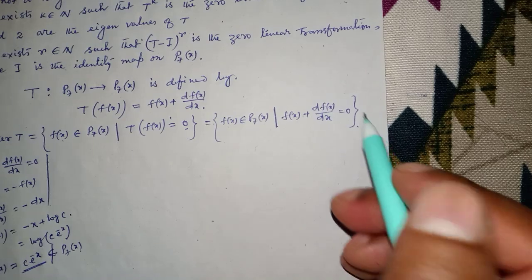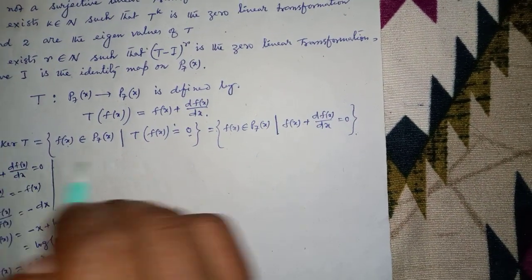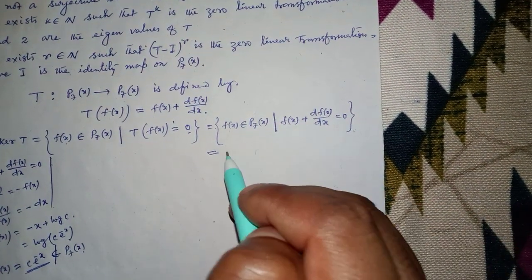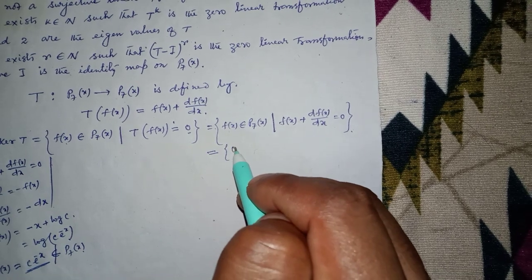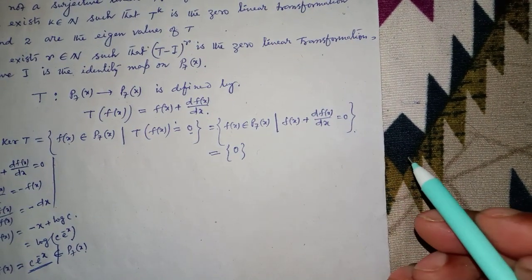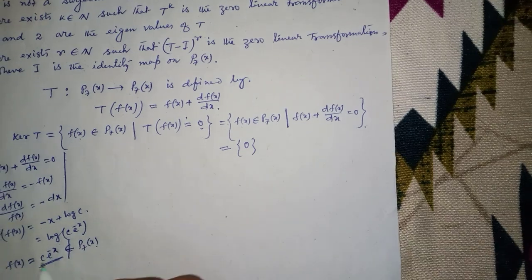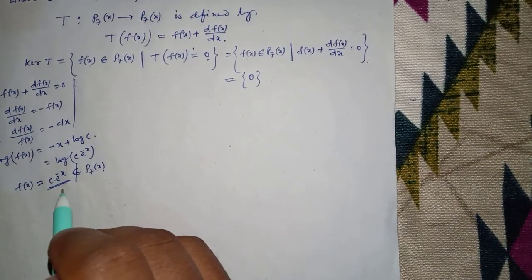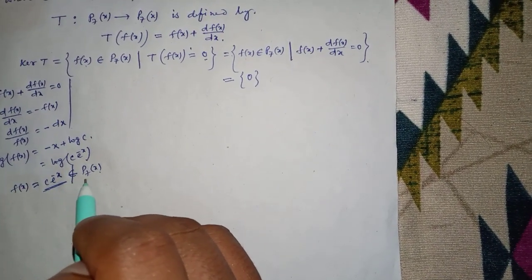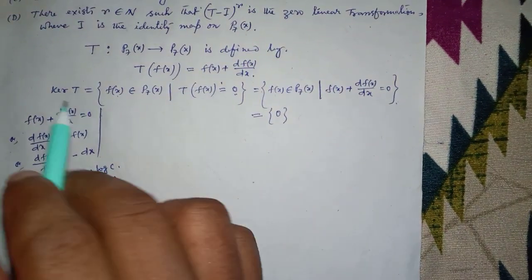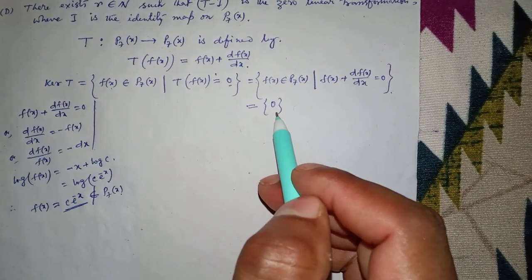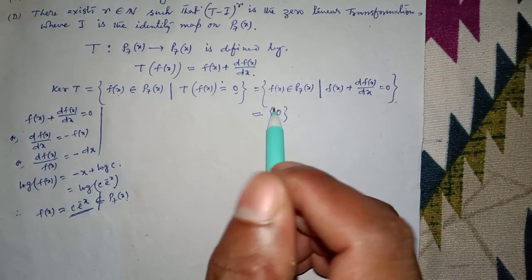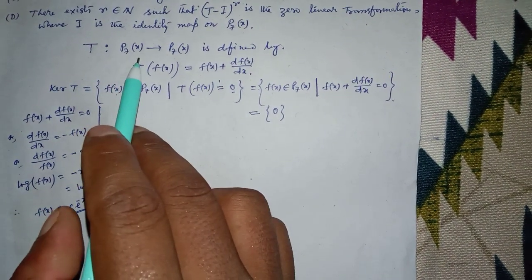Therefore kernel of T is equal to the zero polynomial, because c e^(-x) does not belong to P7(x). Therefore kernel of T is equal to 0, the additive identity of P7(x).